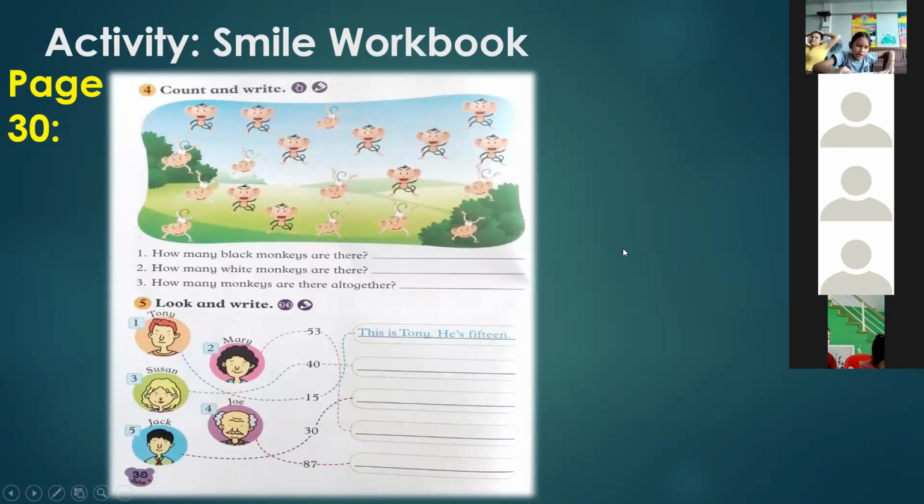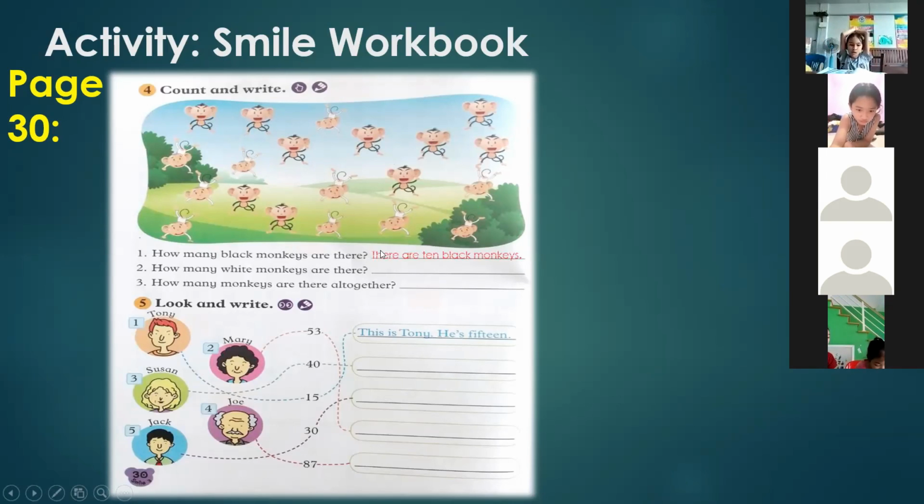Okay, it is asking for black monkeys. How many? 1, 2, 3, 4, 5, 6, 7, 8, 9, 10. So there are 10 black monkeys.